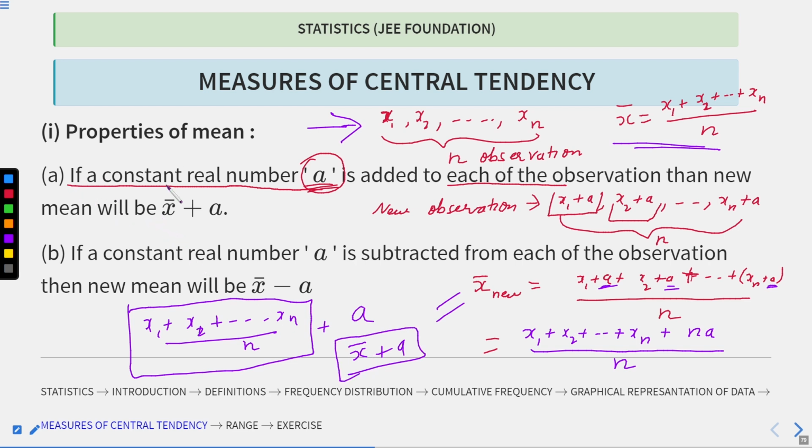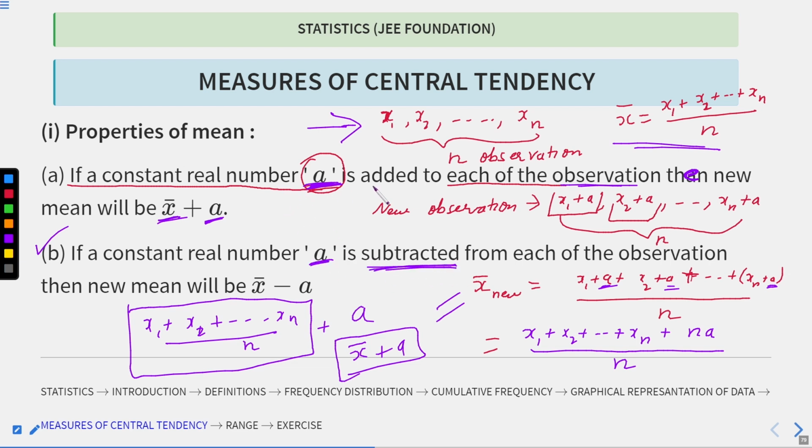So if a is any constant number which is added to every observation, then my new mean will be the old mean plus the constant term. Now the second point says, if a constant real number a is subtracted.